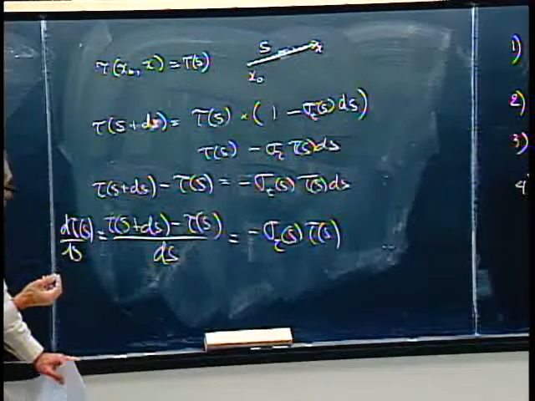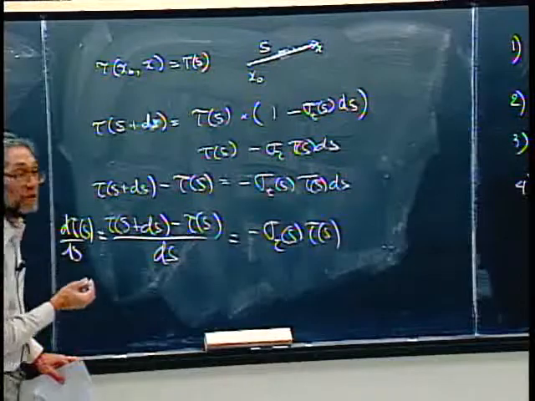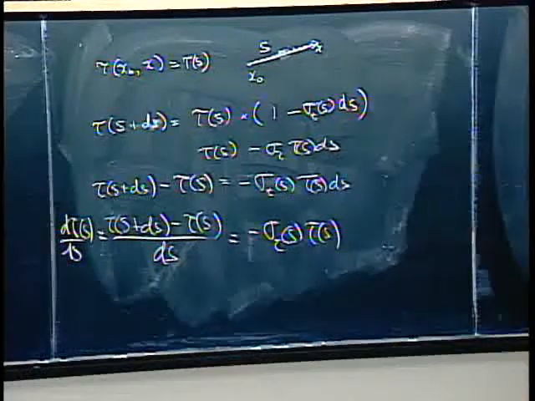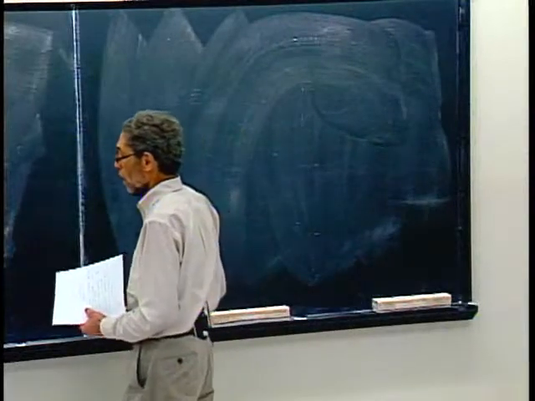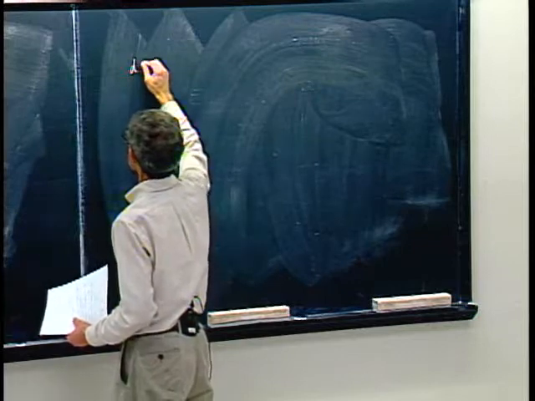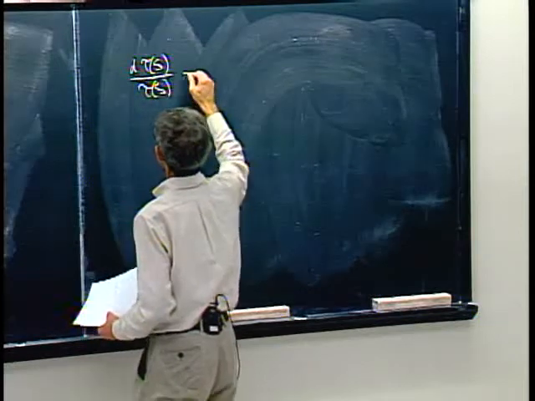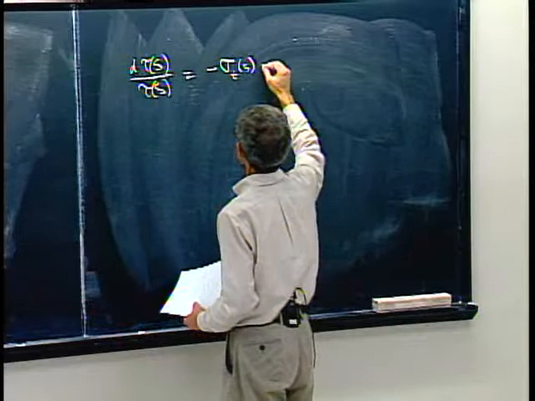So now, do you remember anything about differential equations? How do you solve such a differential equation? The way I was taught is to just put the taus all on one side and the ds on the other side. So I'm going to multiply back through by ds, and I'll get d tau of s, but I'm going to divide by tau of s, equals minus sigma t of s times ds.